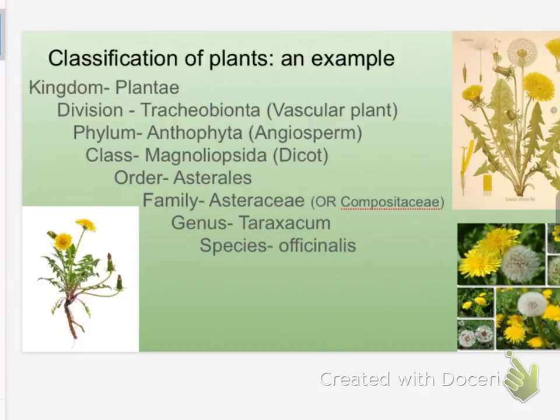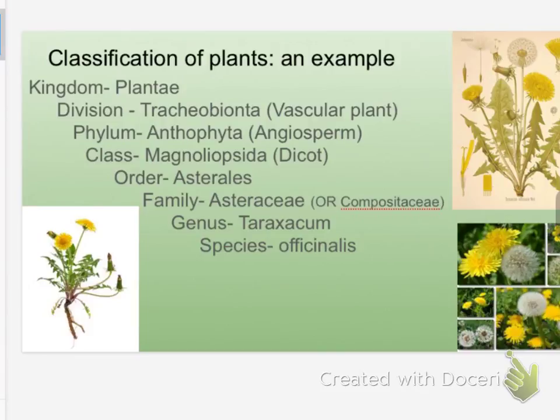Anyway, the kingdom is Plantae, and this is in the 5-kingdom system, so Animalia, Plantae, Monera, Protista, and Fungi. And to run through classifying one of my favorite little spring plants, we talked about this little beauty the other day. 4 kinds of edible food, early source of pollen, brings up nutrients from deep levels of subsoil. Handy dandy.